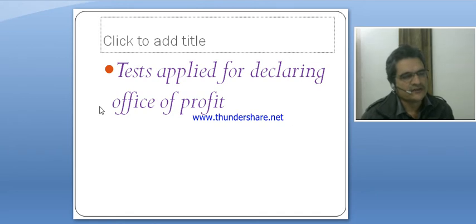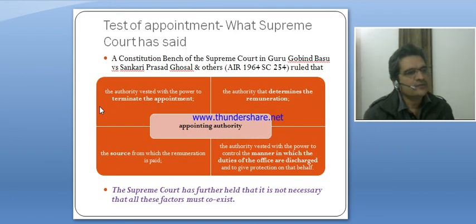Supreme Court has tried to address this time to time in various judgments. It has laid down various tests, and one of the important tests is the test of appointment. Means, who is the appointing authority? This is a constitutional bench case, Gobind Basu versus Shankari Prasad, and in this case, Supreme Court had laid down certain guidelines: who is the appointing authority, and who is the authority vested with the power to terminate?